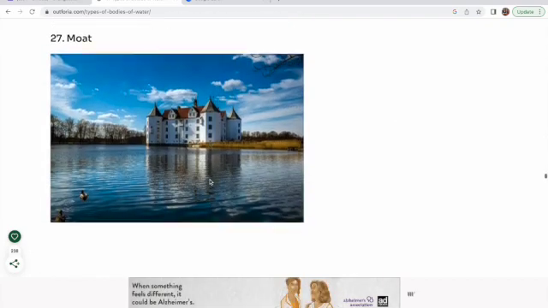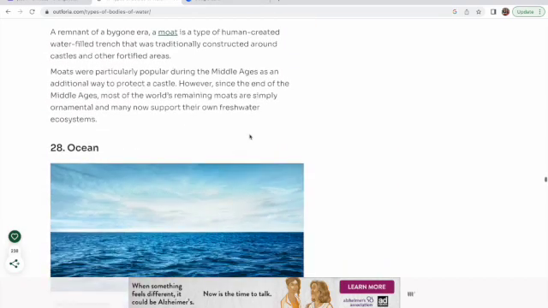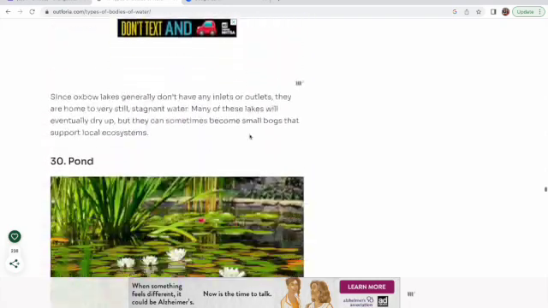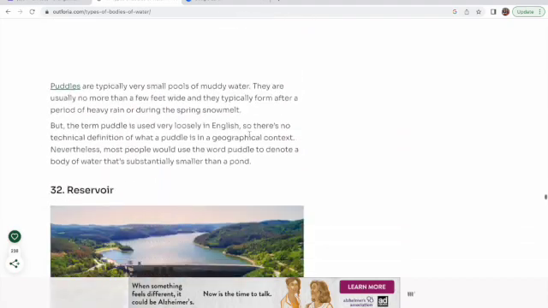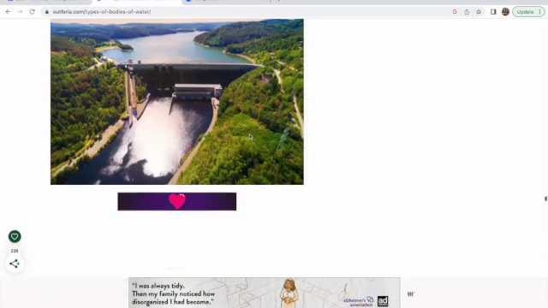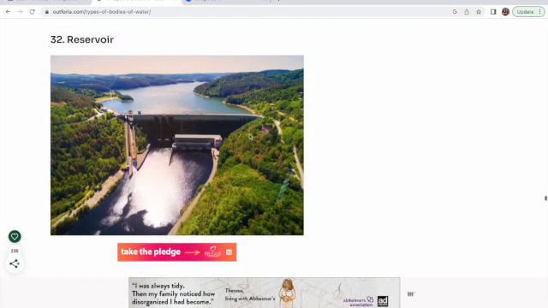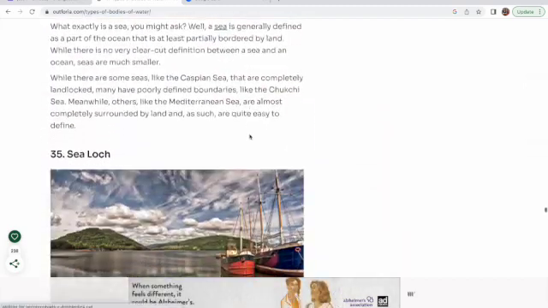This is a moat. A moat is a man-made lake which is used to protect a castle. The ocean, a pond, which could also be man-made, a reservoir or a dam, but practically it's more technical to use the word reservoir, a river, and a sea.